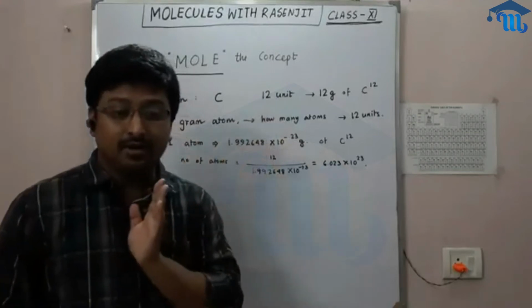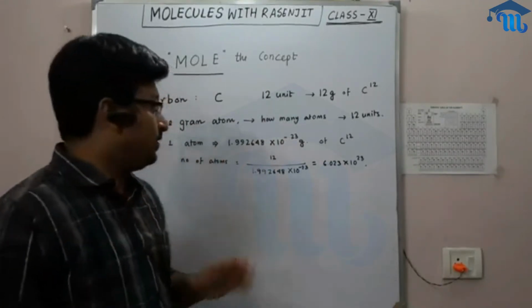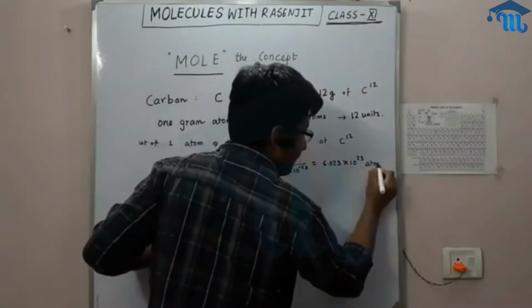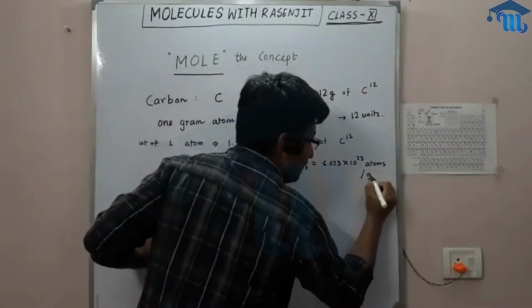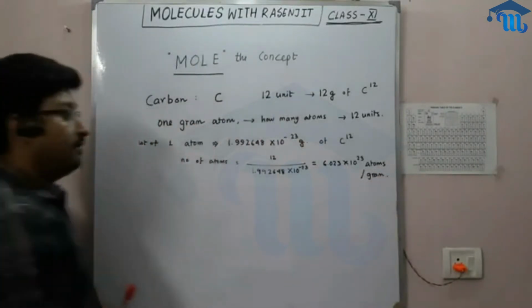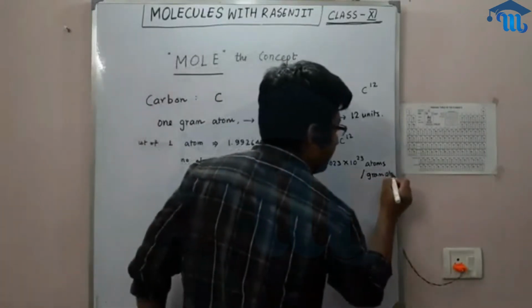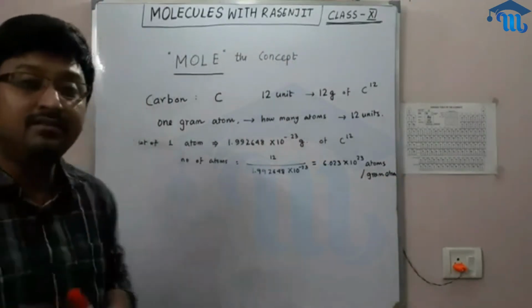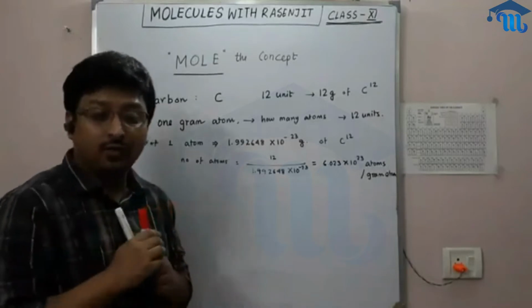And this number is atoms per gram atom, number per gram atom. Now this number has a very good significance. You know why?